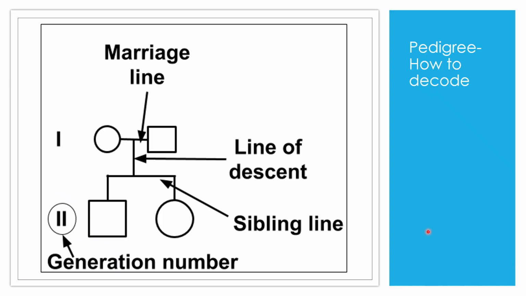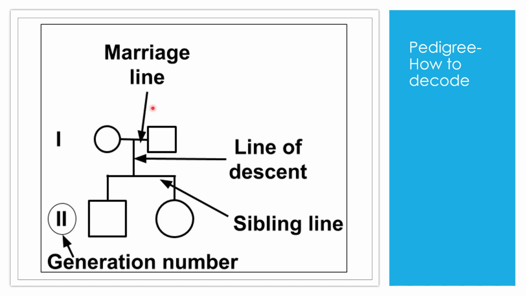We have a pedigree here, a very simple pedigree, and it shows us what the different symbols that are used to connect the pedigree are for. So the marriage line is a horizontal line that connects married people, or it can show where a mating occurred.